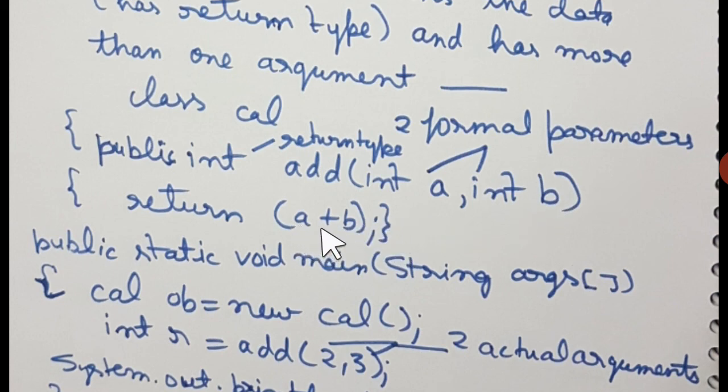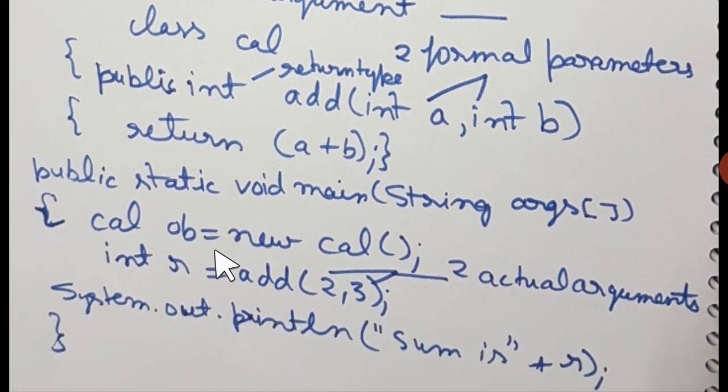That is the int type value. Return type here you can see int type. Students, after that this result is going to be stored in r. So whatever has been returned, 5, will be stored in r, and then what do we write here, sum is r. So 5 will be printed, sum is 5.